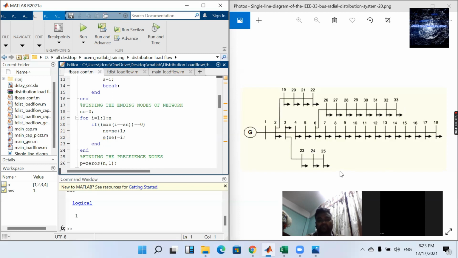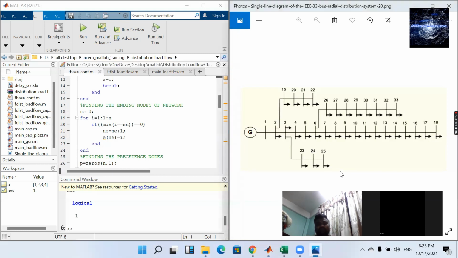So here also we can run the loop and find those nodes that are not sending nodes. Those are called end nodes, which is given here. First of all, we initialize the number of end nodes to 0. Then we go for the for loop 1 to n and calculate this.